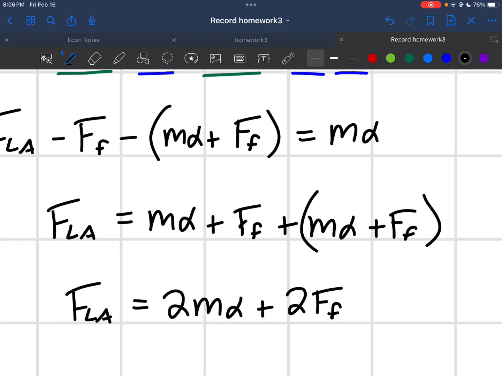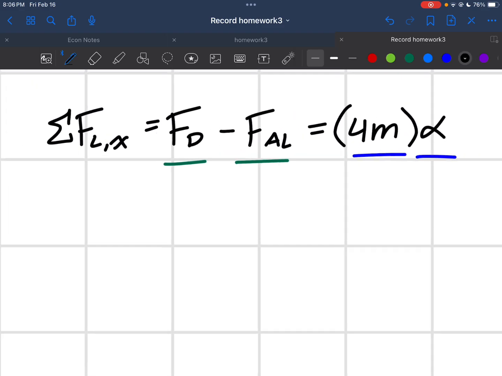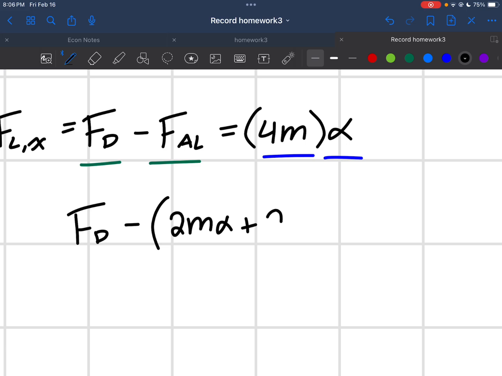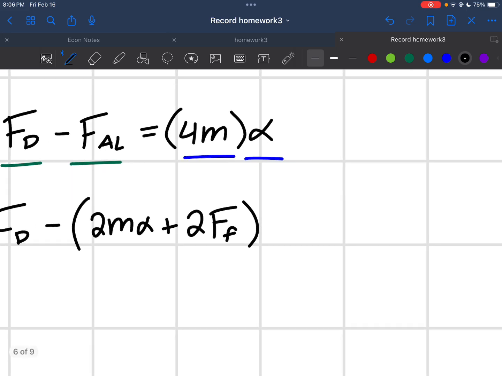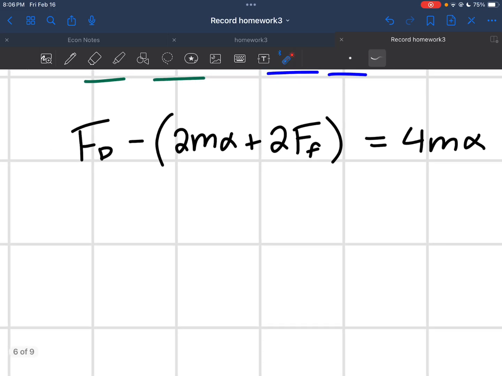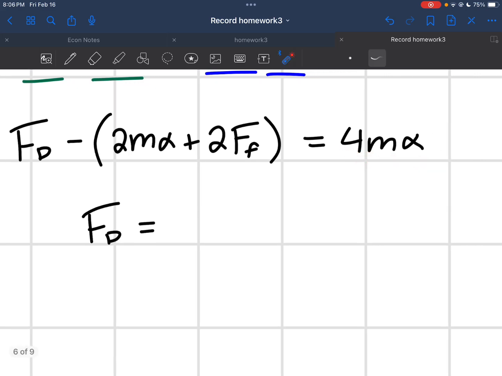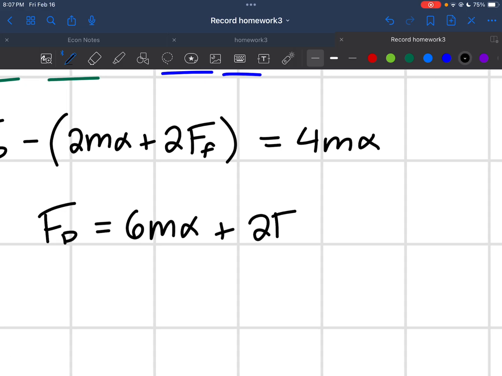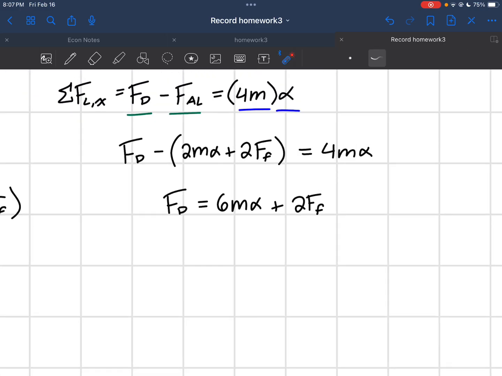I can rewrite this, jumping all over the place. I can say F_D minus F_AL, which we said was 2M alpha plus 2F_F, equals 4M times alpha. Again, the only thing I don't know is F_D, so solving for my driving force, it's going to be 4M alpha plus 2M alpha, so 6M alpha plus 2F_F.